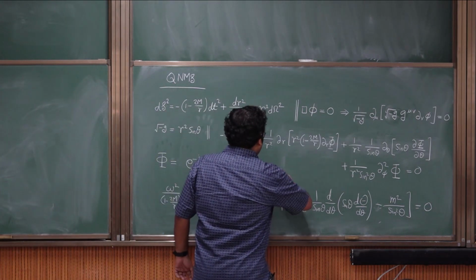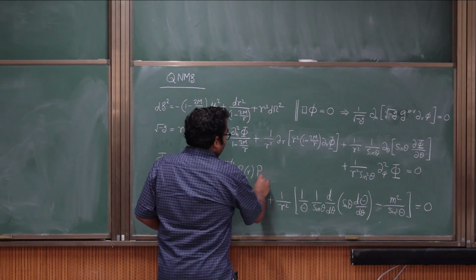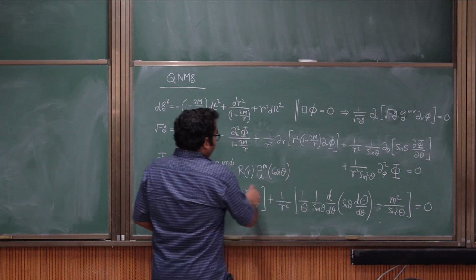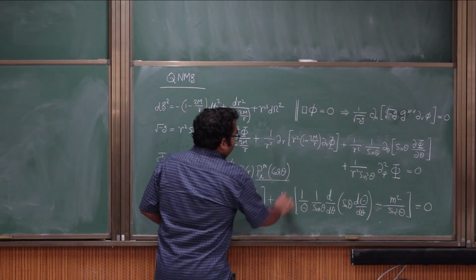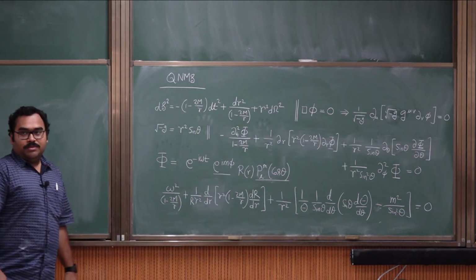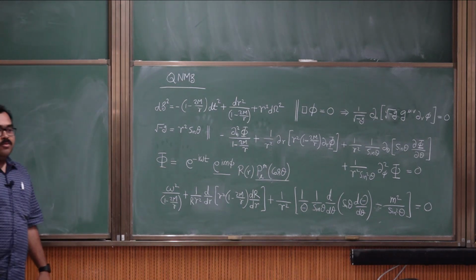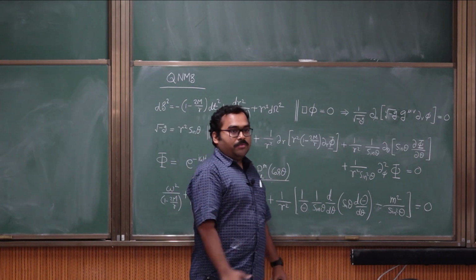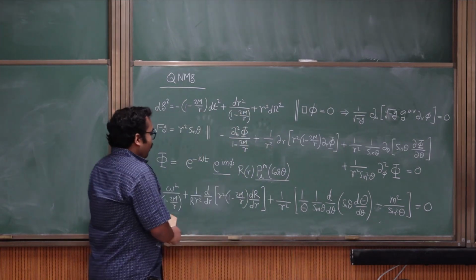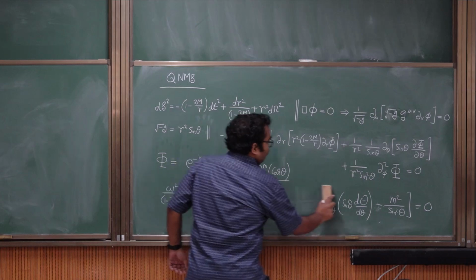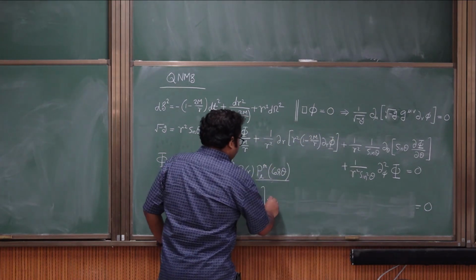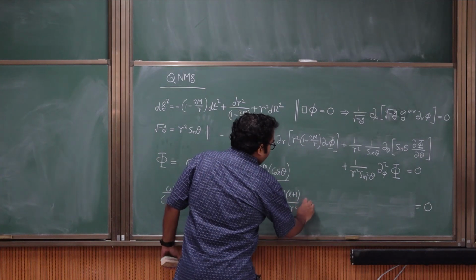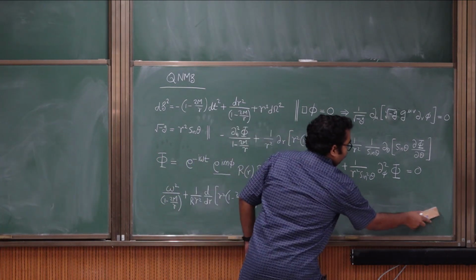So, therefore, my Θ simply becomes P_l^m(cosθ), and as you know, e^(imφ) multiplied with P_l^m(cosθ) gives me the spherical harmonics Y_lm(θ,φ) with some extra factor like 4π/(2l+1) and so on. So that means this whole part goes away and I will have minus l(l+1)/r² equal to 0.